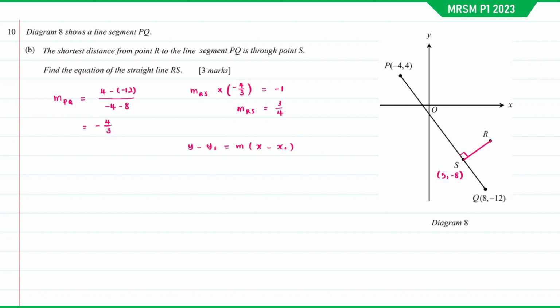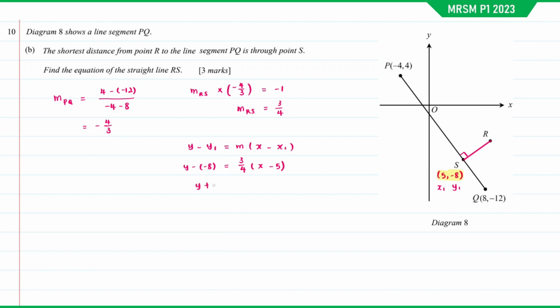As we know the coordinates of the point S on the straight line RS, we're going to let S be x1, y1. Then to form the equation, it will be y minus negative 8 equal to 3 over 4 times (x minus 5).